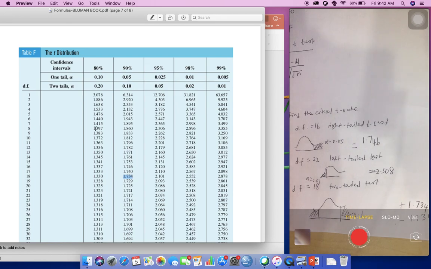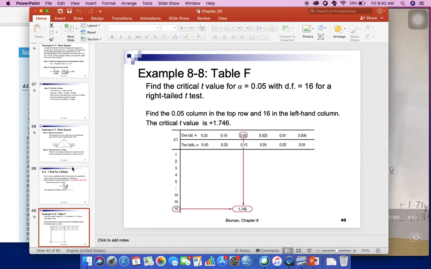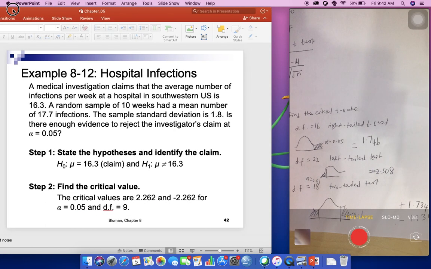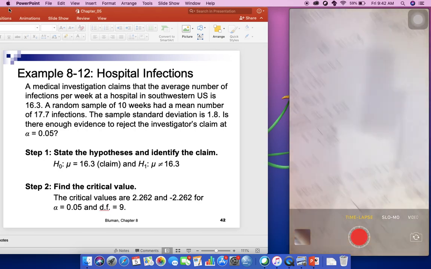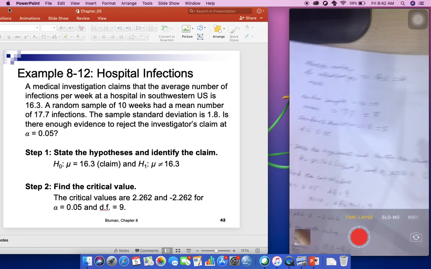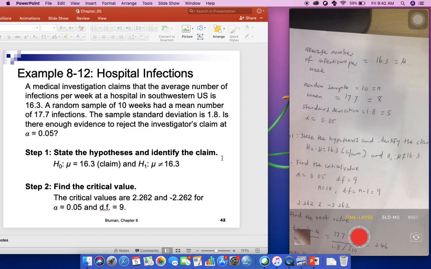Let's continue with another example. Medical investigations claim that the average number of infections per week at a hospital in southwestern US is 16.3.